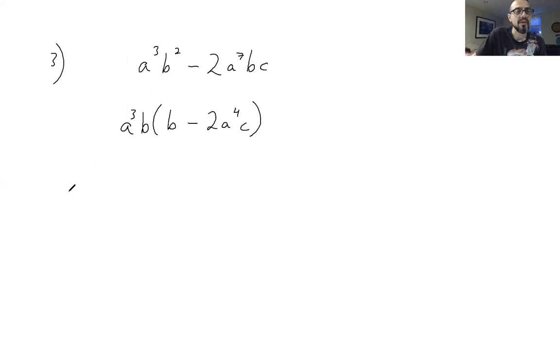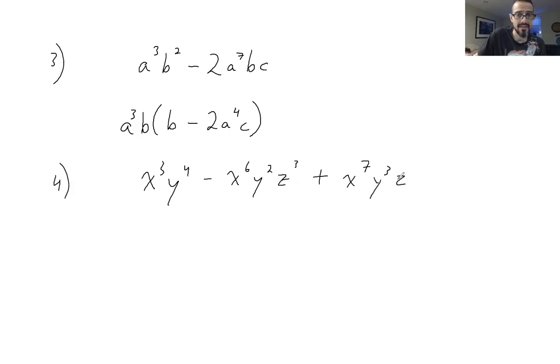Alrighty, moving right along, number 4 here. We'll take an example that has 3 terms, something like x cubed y to the 4th minus x to the 6th y squared z cubed, and then plus x to the 7th y to the 3 and z to the 5.